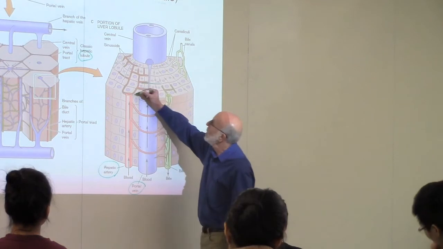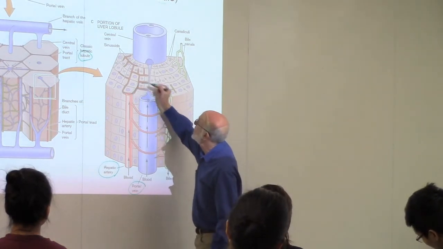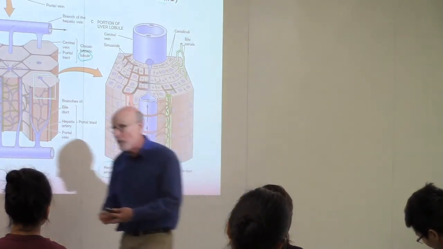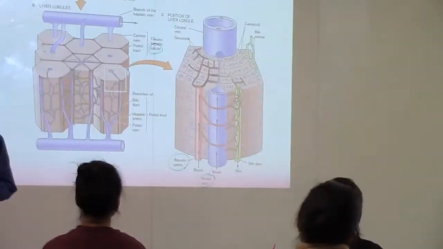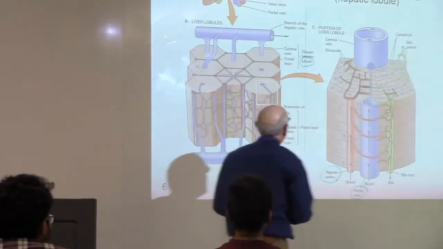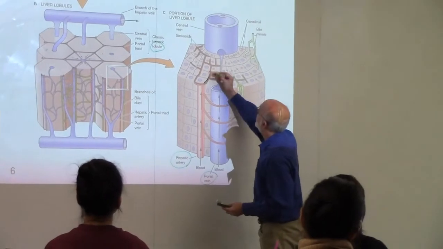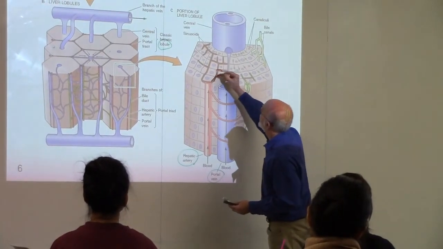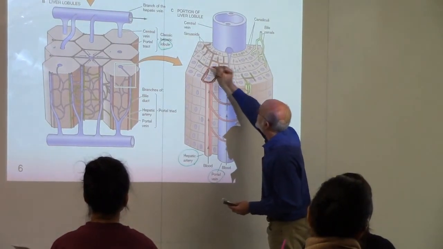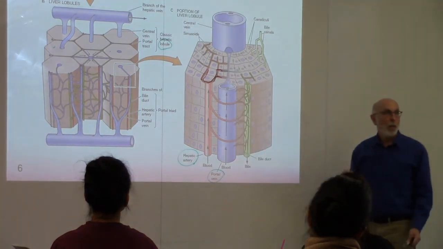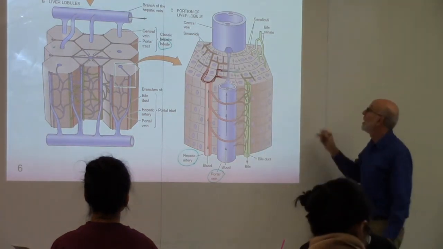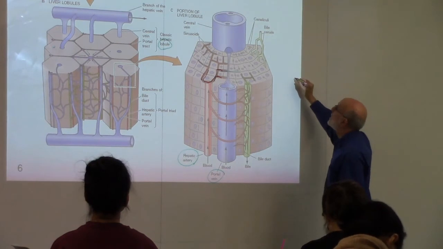The arterial blood percolates. Let me use a red one for arterial blood. Arterial blood percolates all around the cells without going through a capillary. And these are called sinusoids.